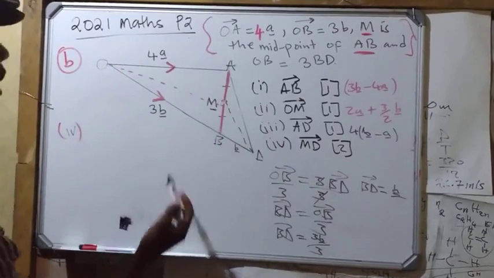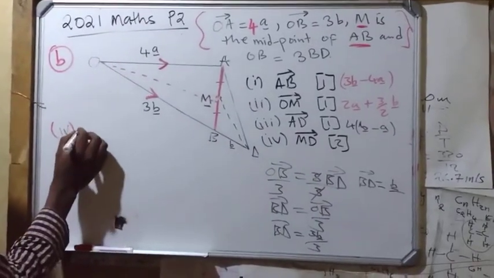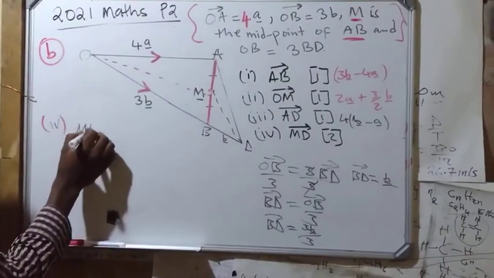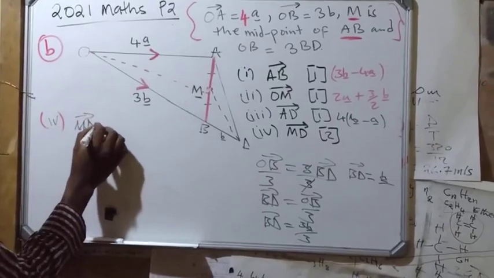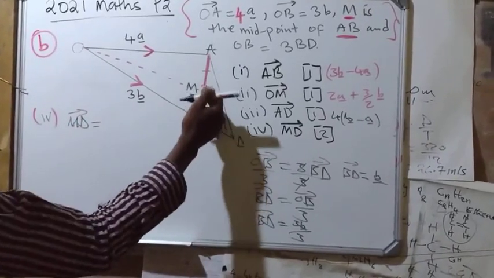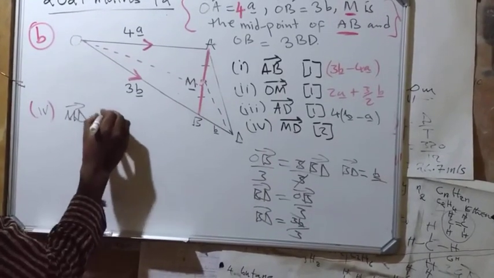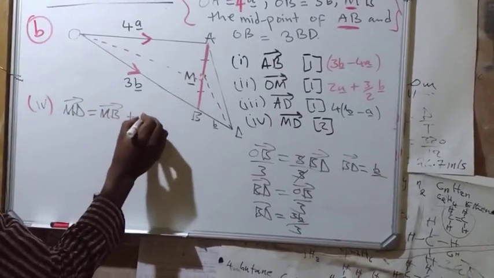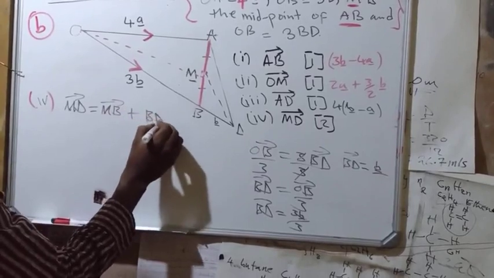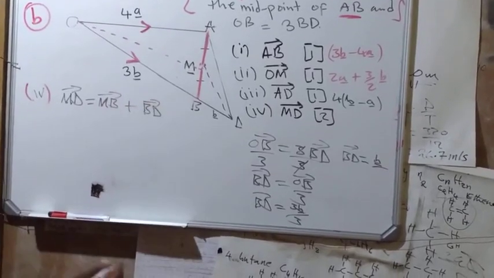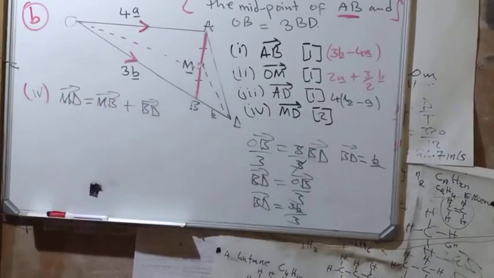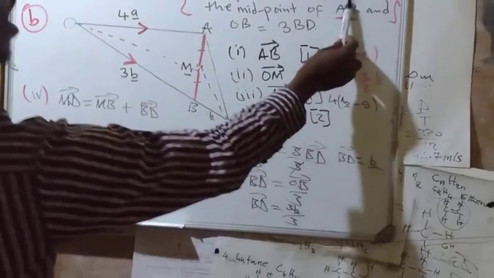So what they want is MD, which will be equal to MB, then plus BD.